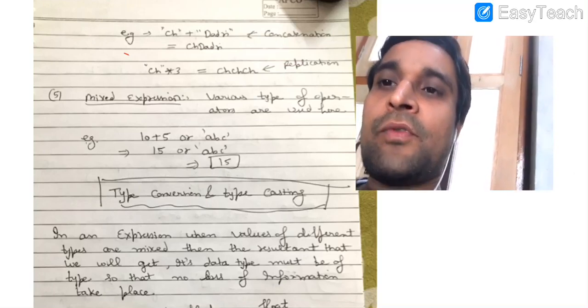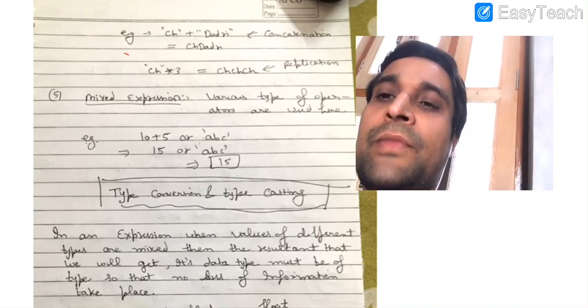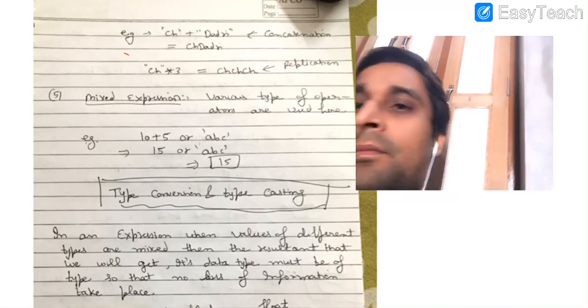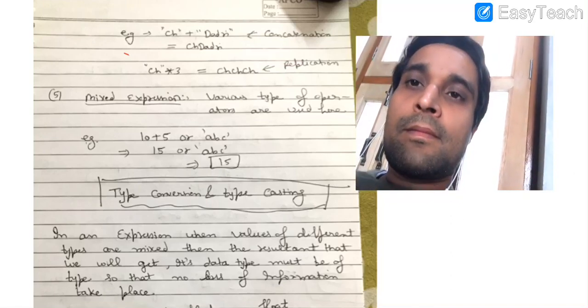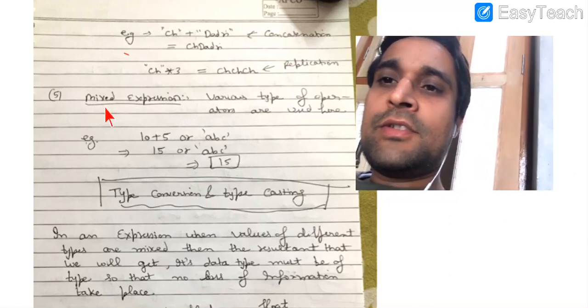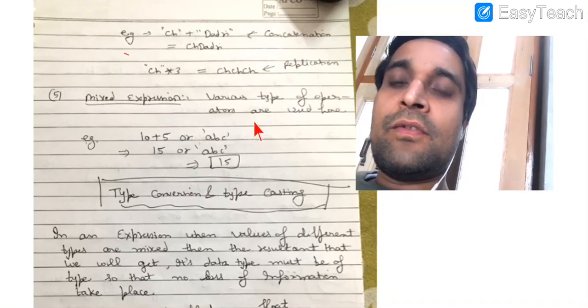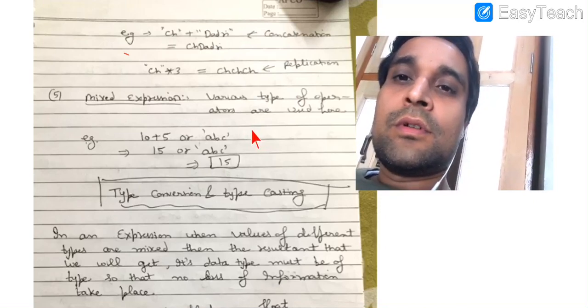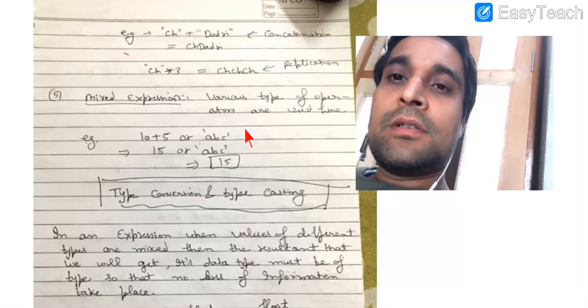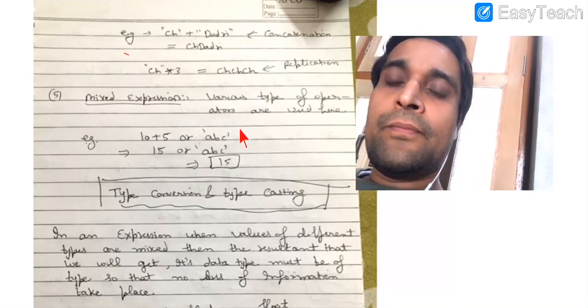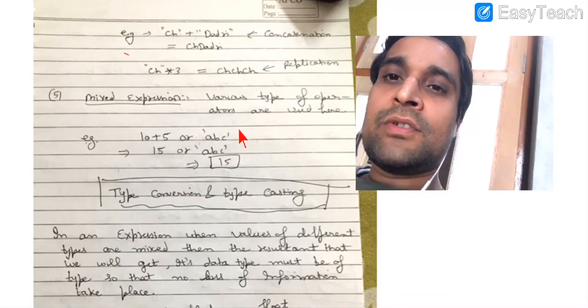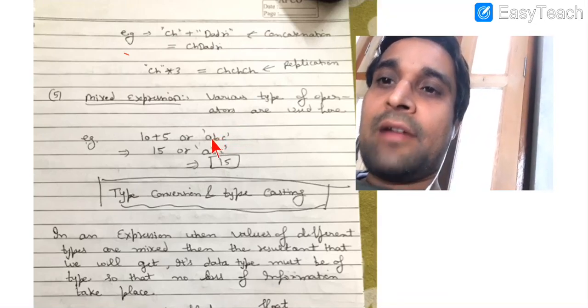Now, the next and last type of expression is the mixed expression. A mixed expression means an expression in which various types of operators are used. Then, as per the precedence, we need to follow which part will be evaluated first, and then we will get the combined result.